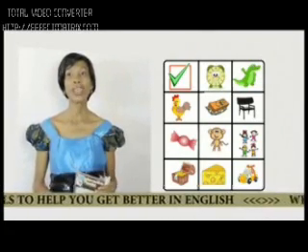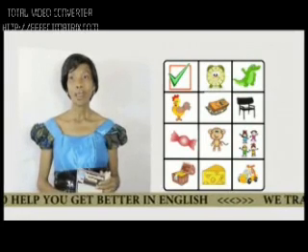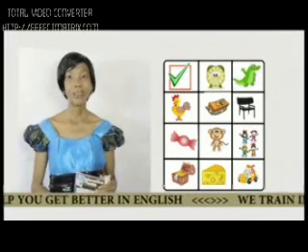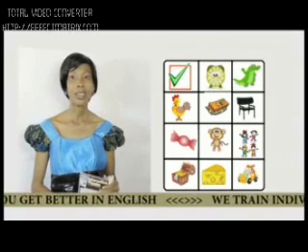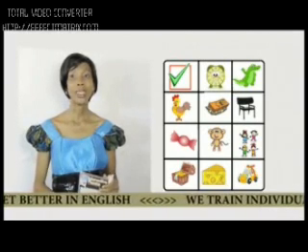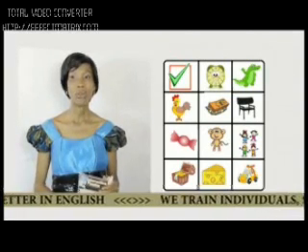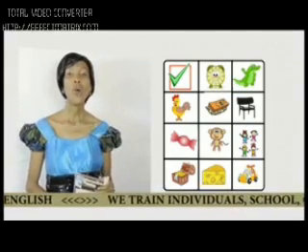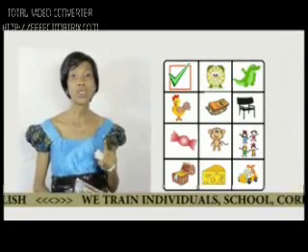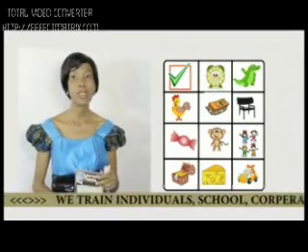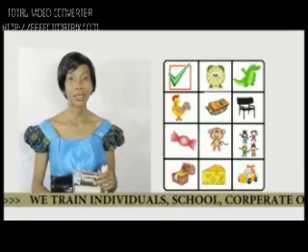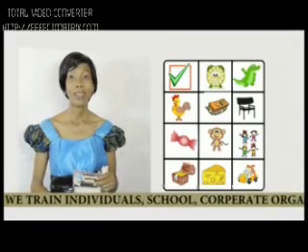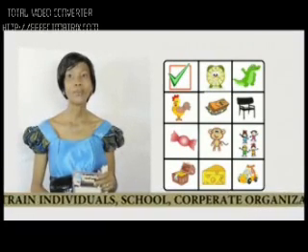We have check, clock, alligator, hen, brush, chair, candy, monkey, children, chest, cheese, and car. Go ahead and circle all the pictures that start with the ch sound. Did you get that? I'm sure you did. Let's move on to the next topic.